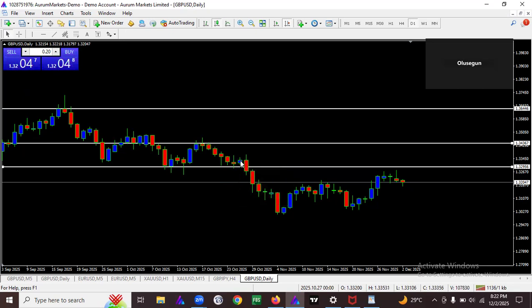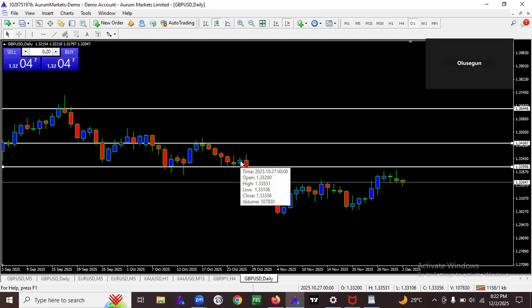Or you also need to consider the time that candlestick pattern formed. Remember, I said the best sessions are the London and the New York sessions. So you can see the time this pattern formed. What time is this? This was the first candle in the Asian session. You can see the time, 0000.